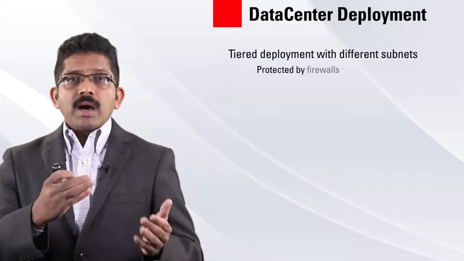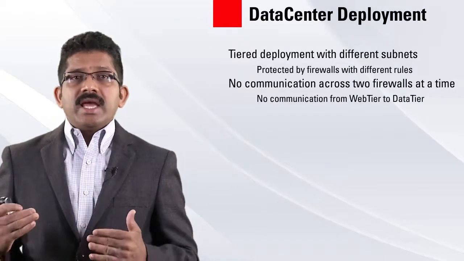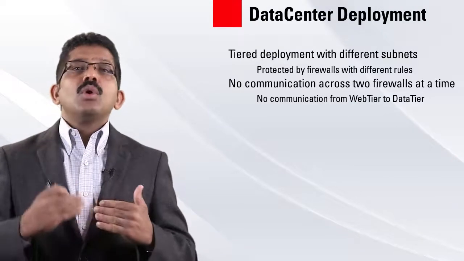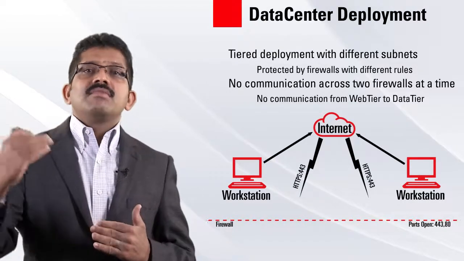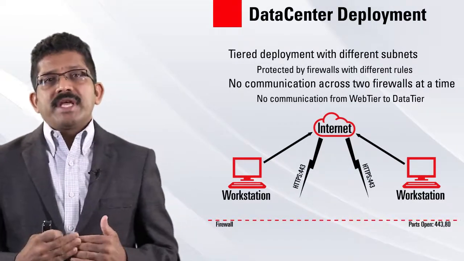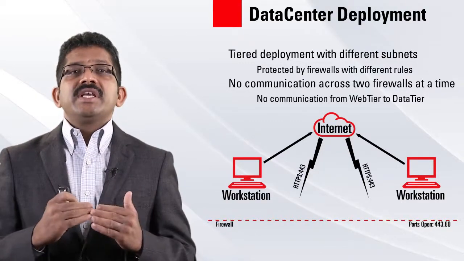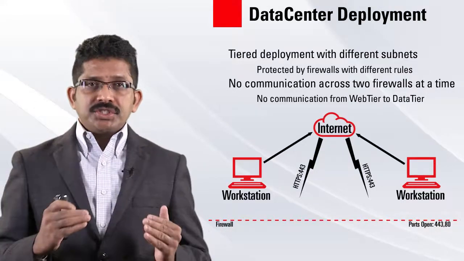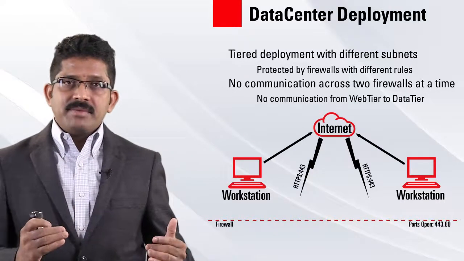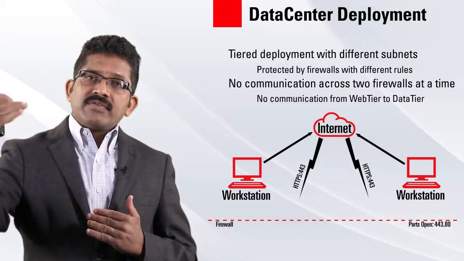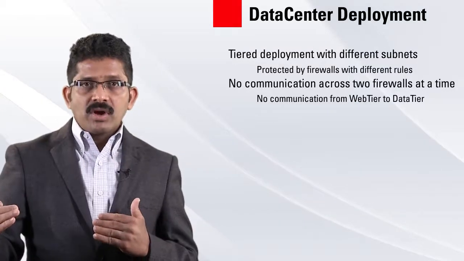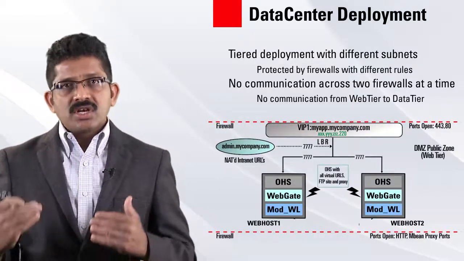The applications are in the application tier, and there is no communication coming directly from the end user to the application, and we follow the two firewall rule. We strictly do not allow any communication to cross two firewalls at a time. The end user request from the internet to the DMZ has one firewall, and from the DMZ to the application tier there is another firewall.